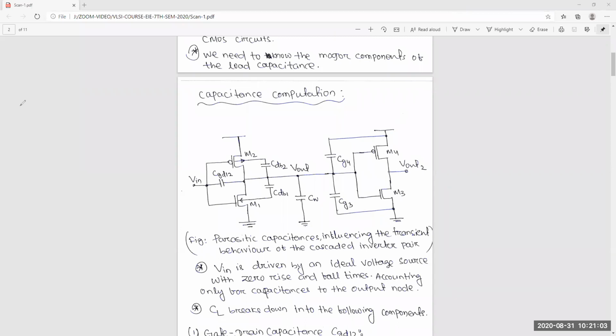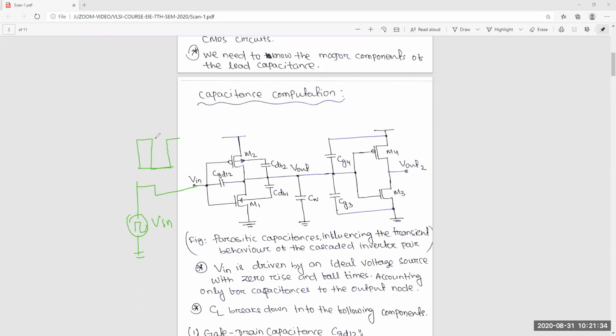So this Vin is an ideal voltage source. Ideal means there is no rise time.